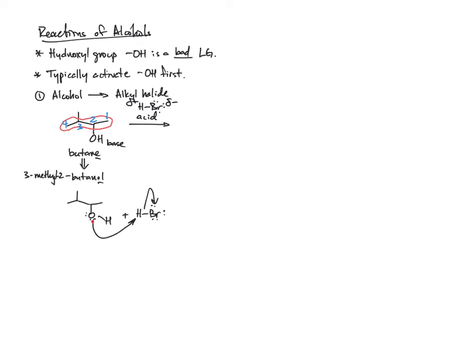Again, notice the flow of arrows starting at the lone pair, pointing to the electron deficient center, that's the acid. The double-headed arrow indicates the movement of 2 electrons. This bond has to break. That's 2 electrons. They're pointing to the bromine, which is electronegative. It can accept those electrons. I'm just going to draw equilibrium arrows for this.